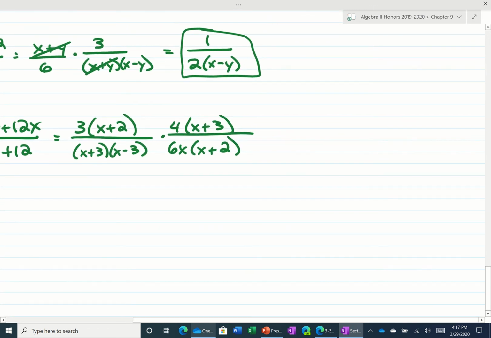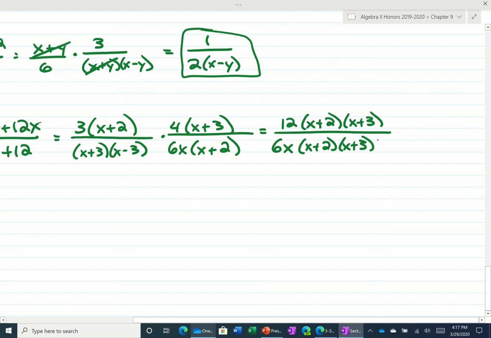All right, so let's get some kind of order going. 3 times 4 is 12. X plus 2 times x plus 3. The denominator would be 6x times x plus 2 times x plus 3 times x minus 3.